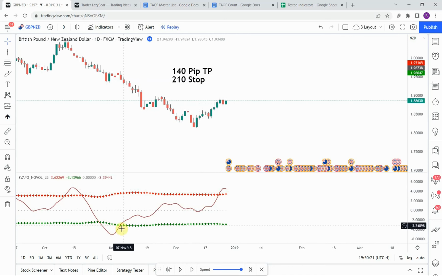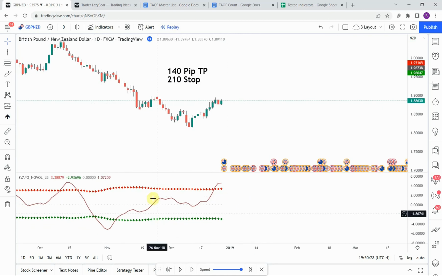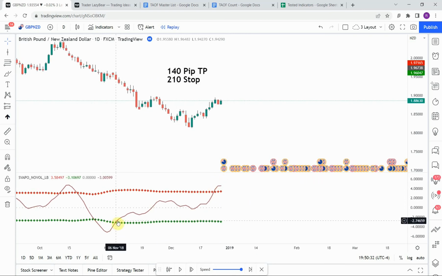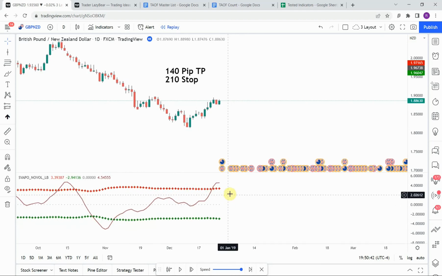The exact signal will be when the oscillating line breaks above or below and then crosses back into this middle section. It crosses back up above the crosses here on the bottom or down below the crosses here on the top.